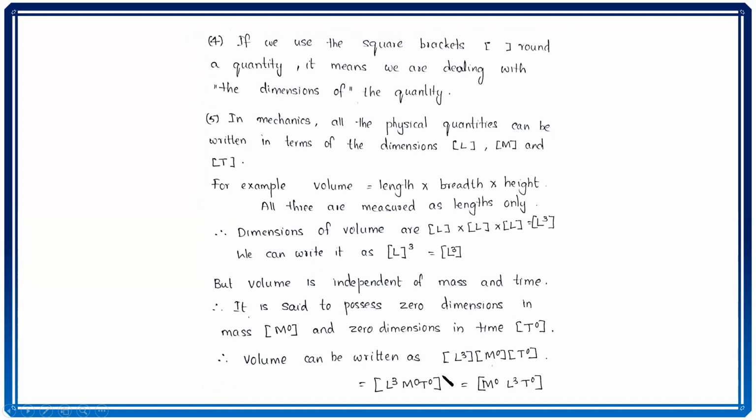Therefore, we can write it as L to the power of 3, M to the power of 0, T to the power of 0. Generally we write M first, therefore M0 L3 T0. This is the dimensional formula for volume.